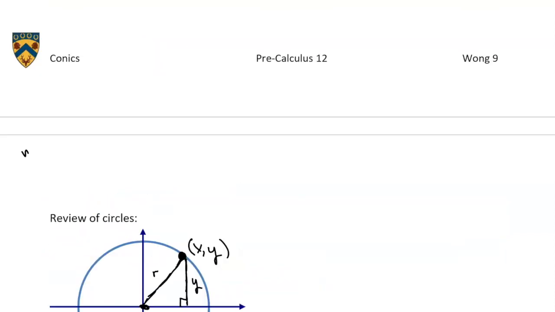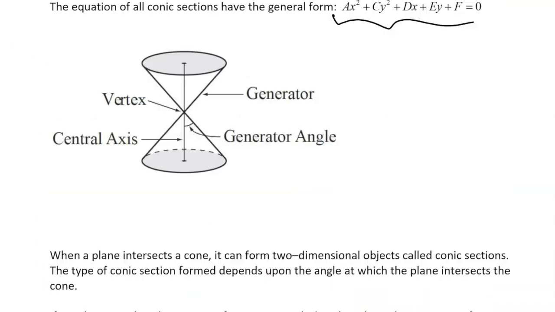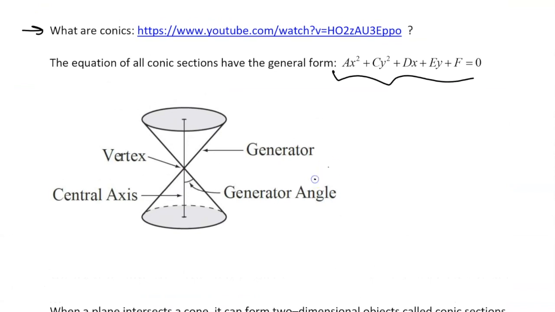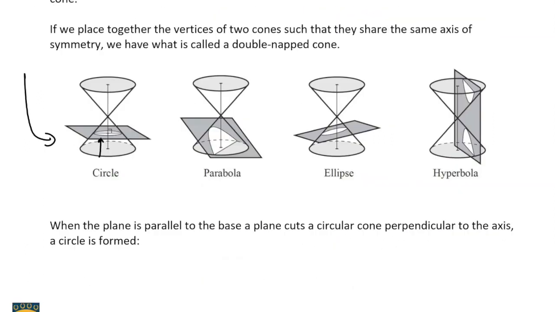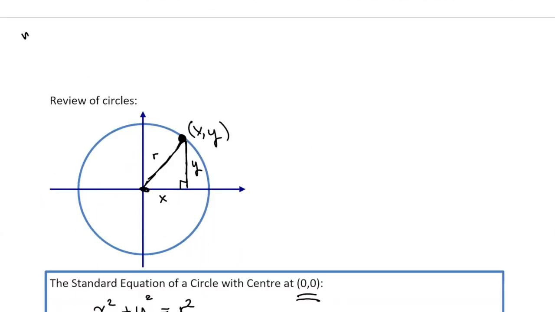But if you look back up top, you can start to see that we're actually creating parts of the forms of conics. We have an x squared value, a y squared value. It just so happened that d was 0, e was 0, and then we brought f onto the other side. But you can start to see how this could create something of the form that we're talking about.